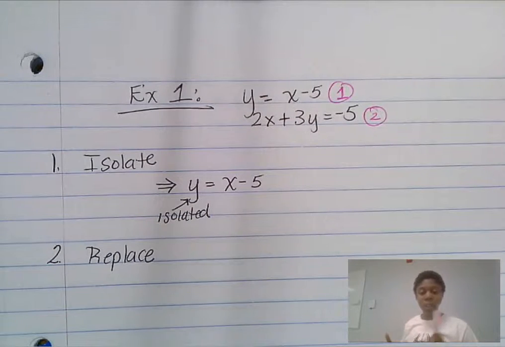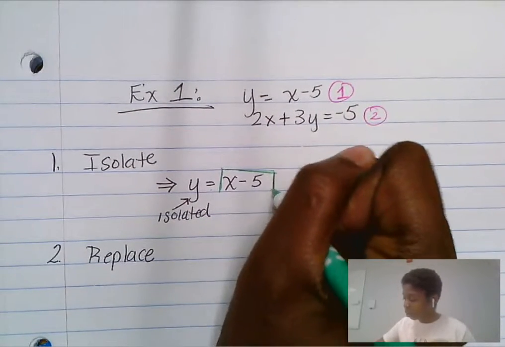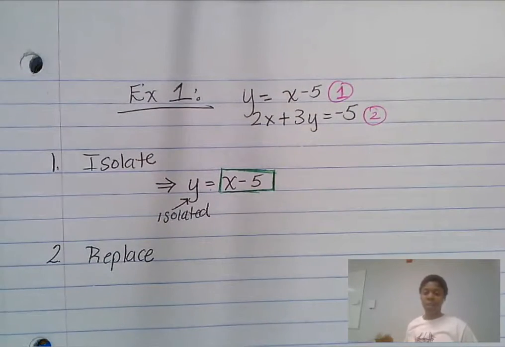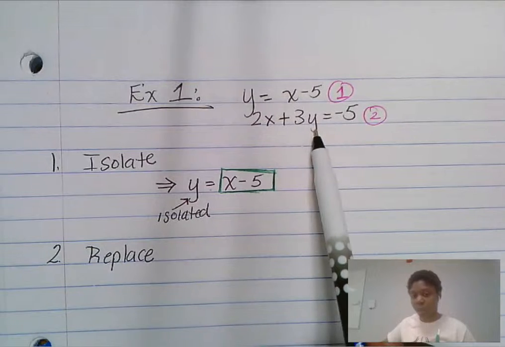So what we want to do is look at our isolated variable and say, okay, y is equal to x minus 5. So everywhere I see a y in my second equation, I'm going to put x minus 5 instead. I'm going to write my second equation exactly like it is, except for when I get to this y right here.